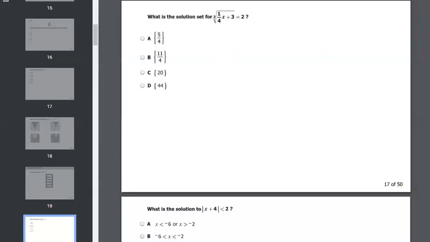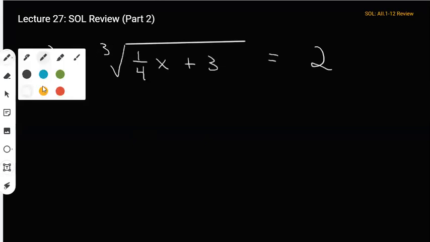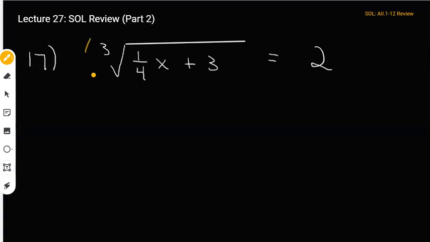Equal to 2. So I'm going to set the whole thing equal to 2. So how could I solve this? I could get rid of the cube root somehow. The way I'm going to do that is I'm going to cube both sides.